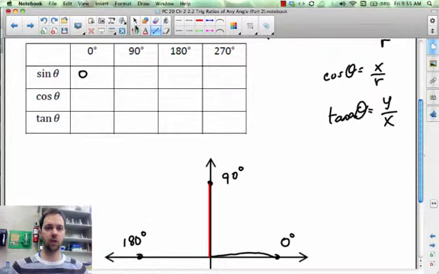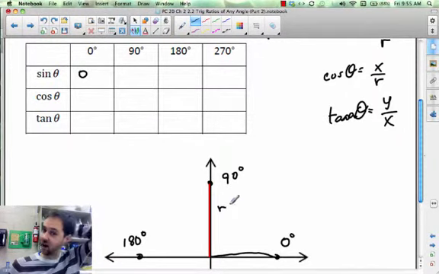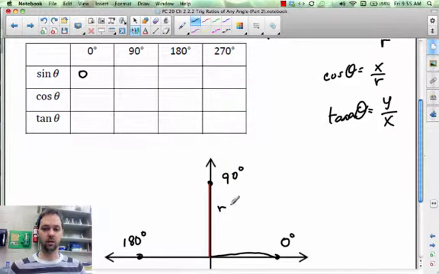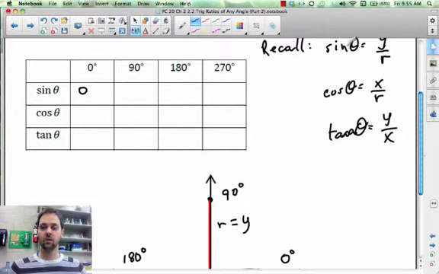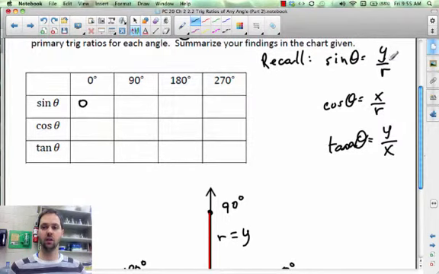It really doesn't matter what the value or what the magnitude or the length of this line is, because this is our r value, and it turns out that the entire r is strictly y component. So in this case, r, the radius, would be exactly equal to y, which is the vertical component. And since they're equal, sine theta equals y over r, and if y is equal to r, then it's just something divided by itself, and that value will always be 1.